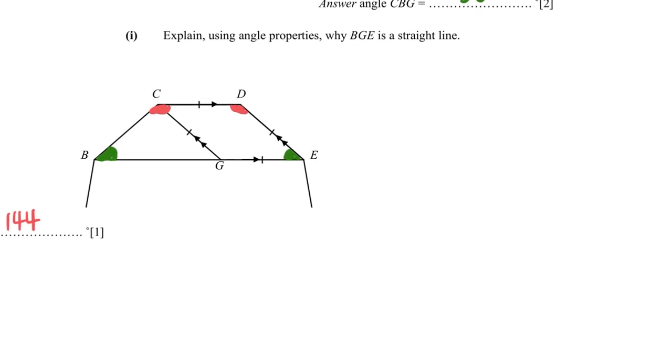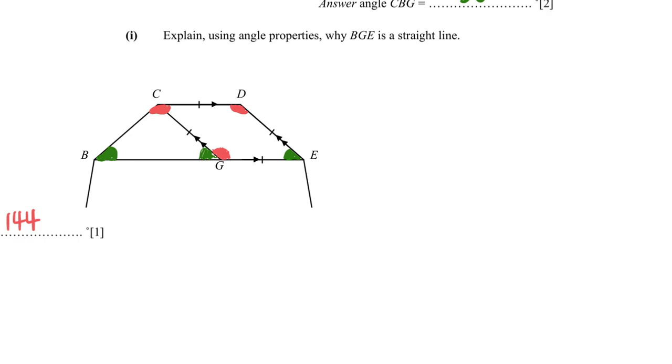Well, we can actually see it pretty clearly. To approach this question, I do need to check whether this angle CGE here and this angle here, do they add up to 180 degrees?